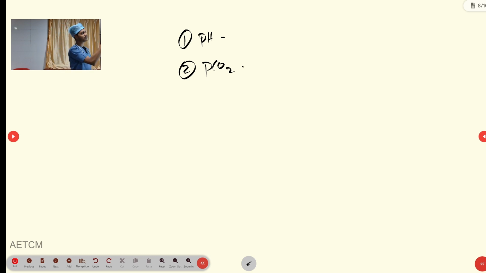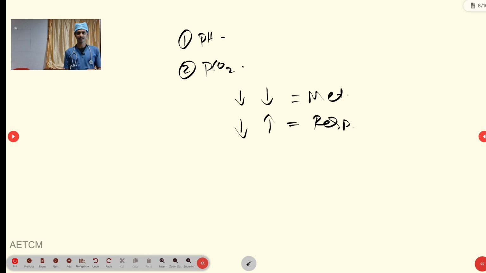By PCO2, you can fix whether it is respiratory or metabolic. If pH and PCO2 are traveling in the same direction, that indicates metabolic related issues. If pH and PCO2 are traveling in opposite directions, that indicates respiratory related issues. Let me explain. First take the condition of respiratory acidosis.